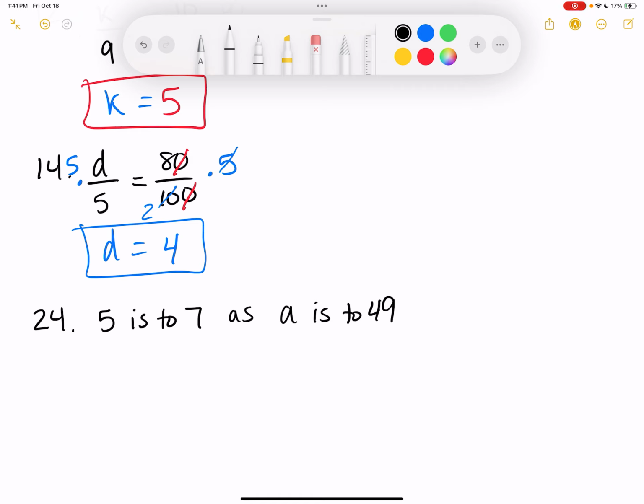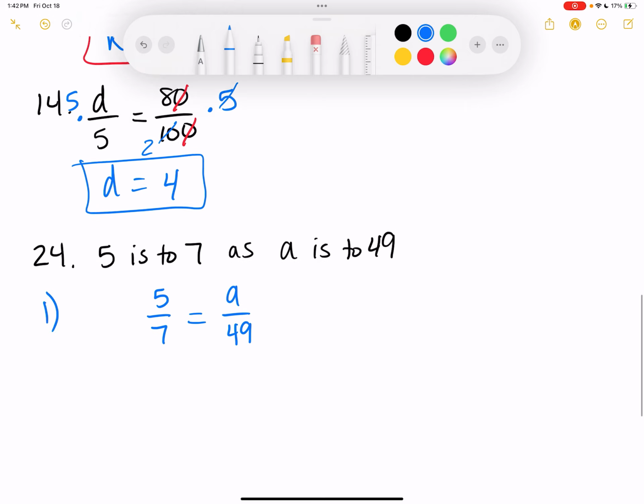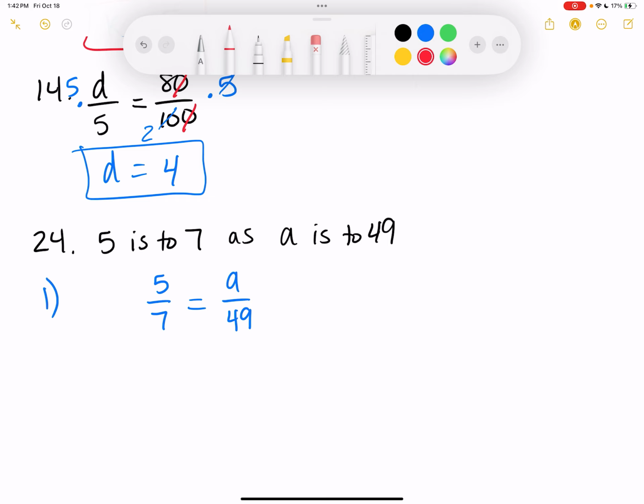So whatever comes first, 5 is to 7, that's going to be 5 over 7. As means set it equal. A is to 49, so A over 49. That's the first part it's asking me for. This is like step 1.